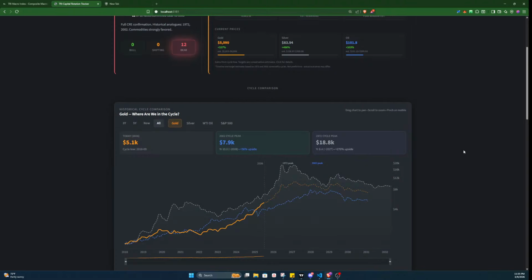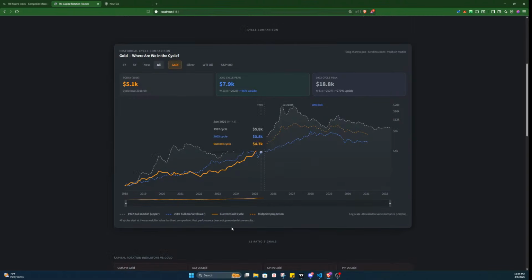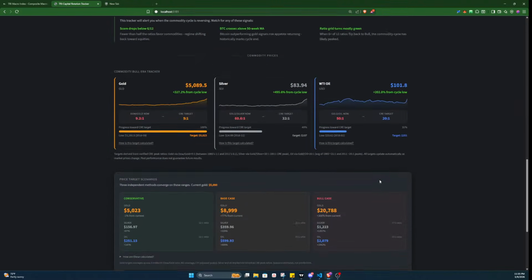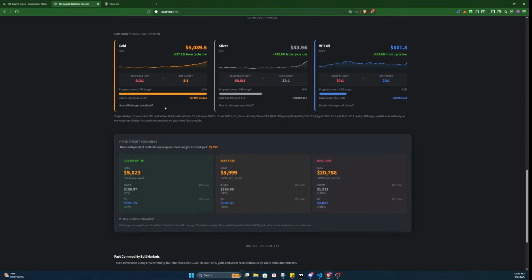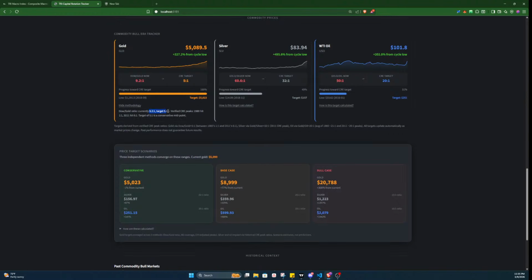So if we extrapolate this, how can I explain this in a way you guys understand? Let's go down here. How is this calculated? It's all by ratios, by looking at the peak in 1980 and the peak in 2011. Then we took a conservative midpoint estimate of that.